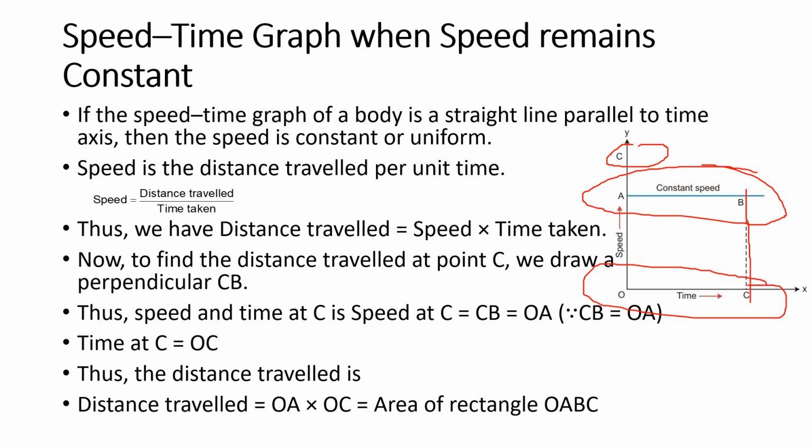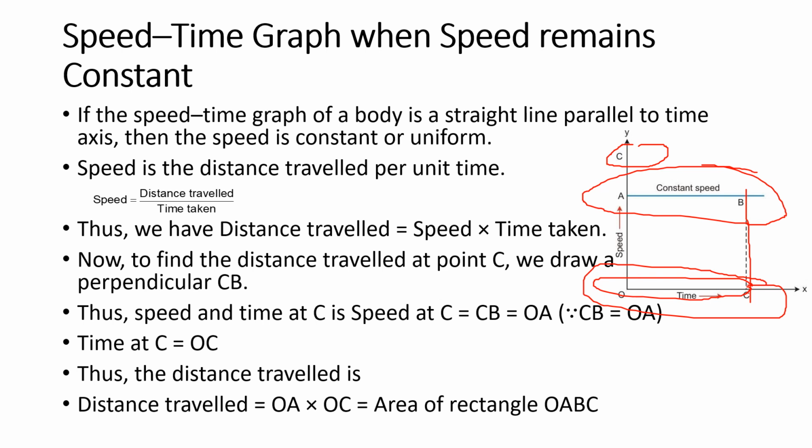Time at C is equal to OC. Thus, the distance traveled is equal to OA, that is speed, into time taken, that is OC, which is equal to the area of rectangle OABC.